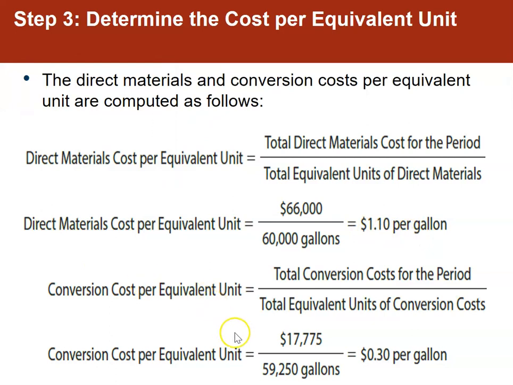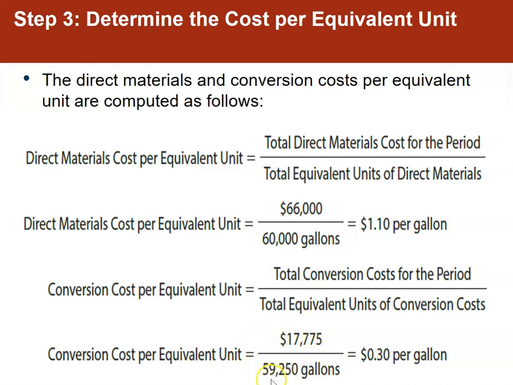Okay, and then down here for conversion cost per unit, remember we had three different figures that went into this. There were 1,500 gallons equivalent conversion units from items that were started in the prior period. Then we had the 57,000 that were started and completed in the current period. And then we had 750 additional units.